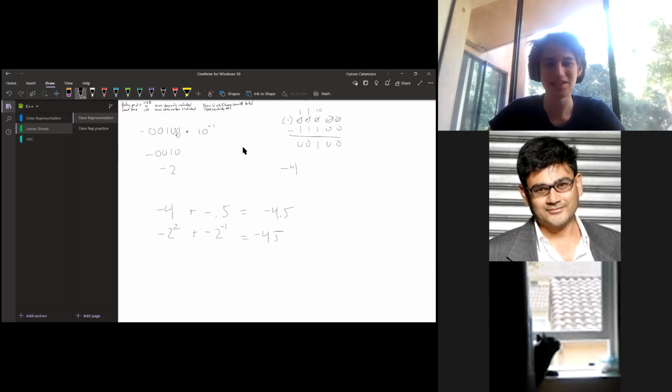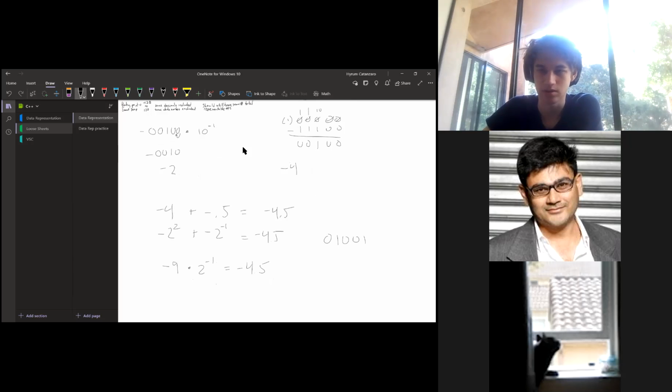So what we actually should be doing is saying that -9 times 2 to the -1 equals -4.5, right? And then we convert this into the mantissa. So 9 would be 8, no 4s, no 2s, a 1, and that's in 5 bits.